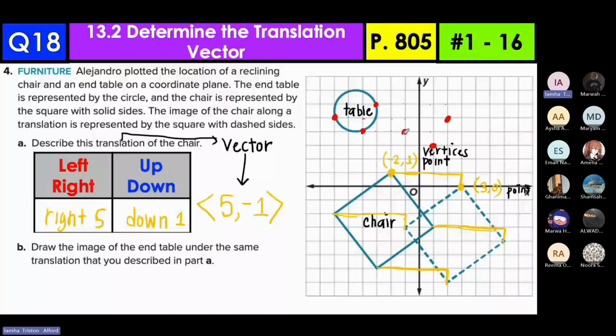I'm just picking random points in the shape. So I need to move my table here. So that's that.